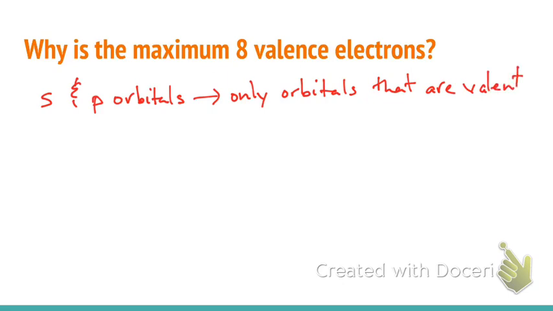And why is that the case? Well, let me just go through the electron configuration. So you have 1s2, 2s2, 2p6, 3s2, and 3p6.